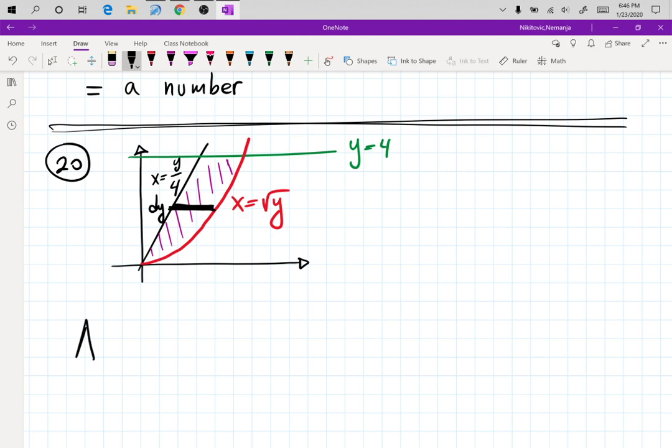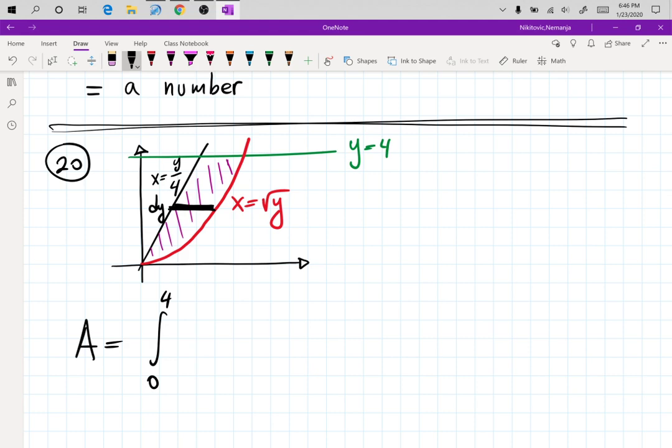As I am setting up a dy integral, I am using y limits, which means 0 to 4, because the lowest level that the rectangle is going to be at is 0, and the highest level is the green line, y equals 4.